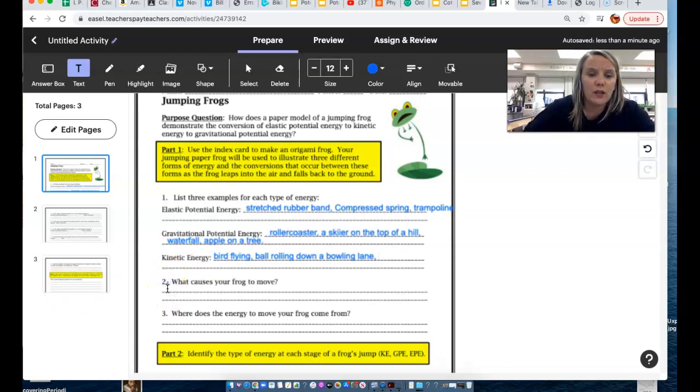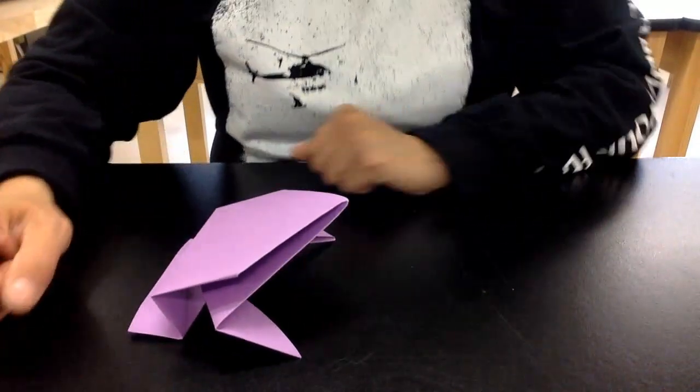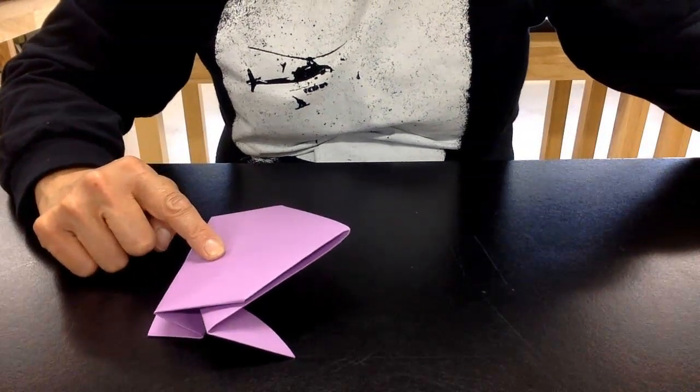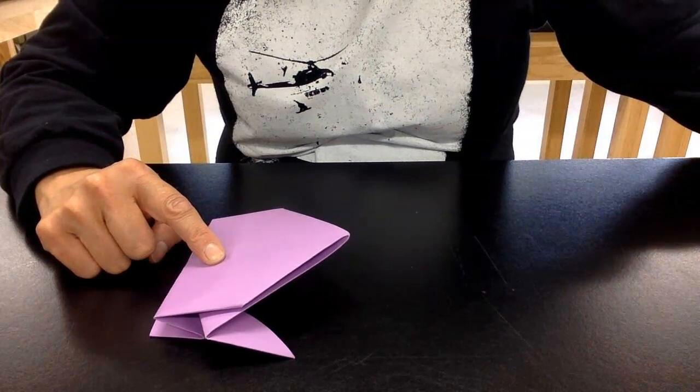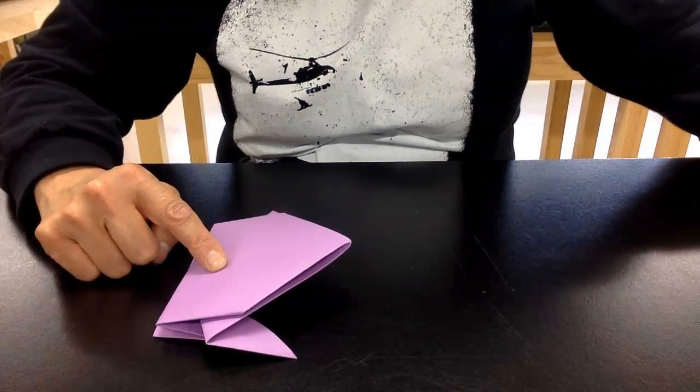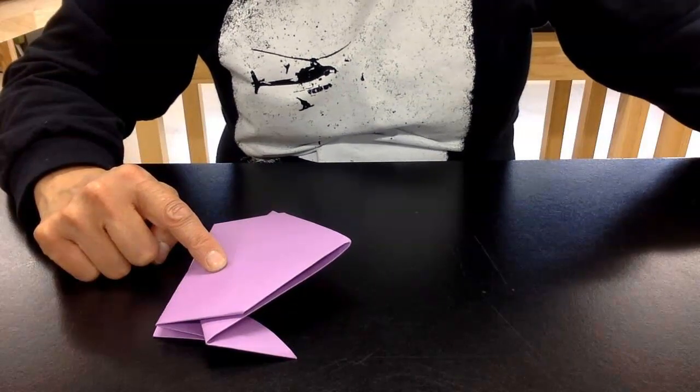Number 2 says, what's going to cause your frog to move? What causes this thing to move? Let me give you the full screen here. Okay, got my frog here. I am going to push down on it. When I'm pushing down on the back legs, the potential energy is being stored within its legs.